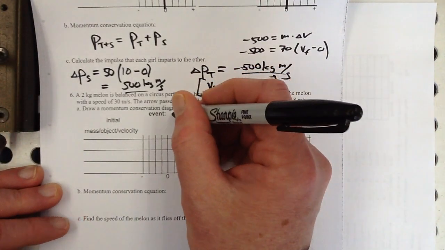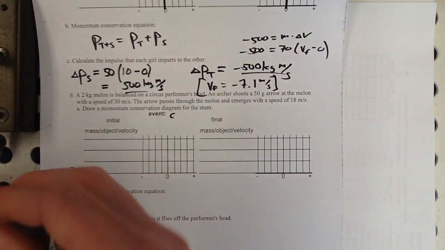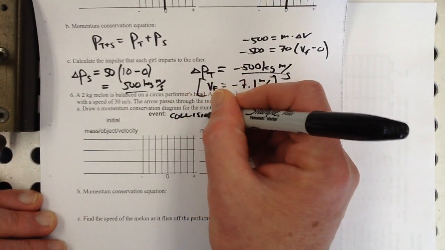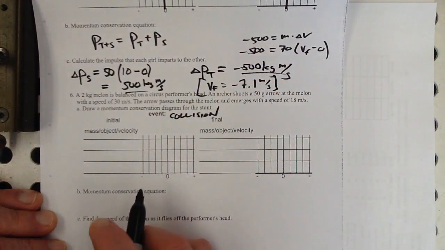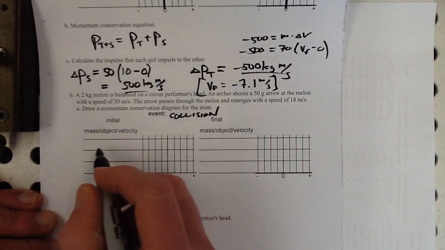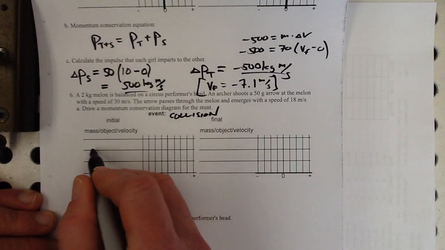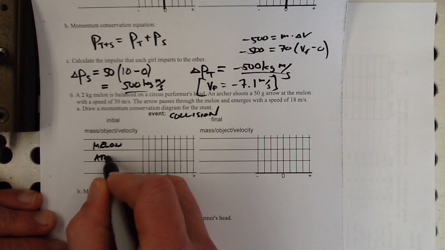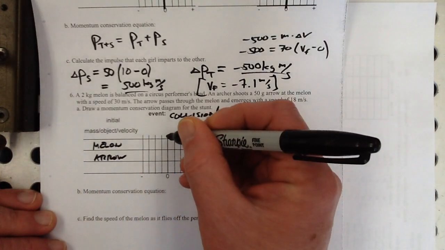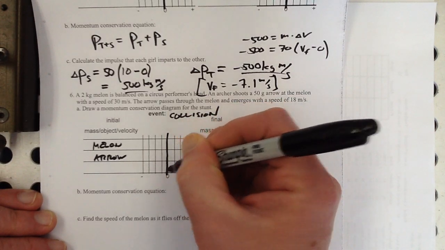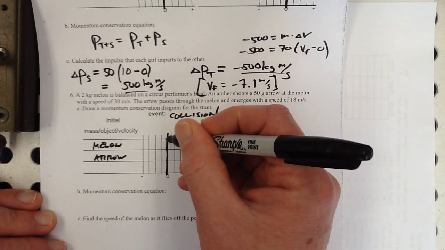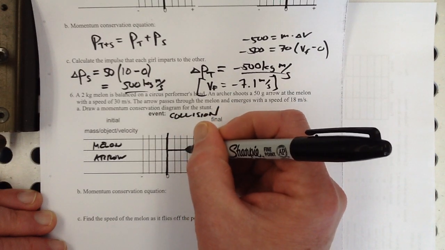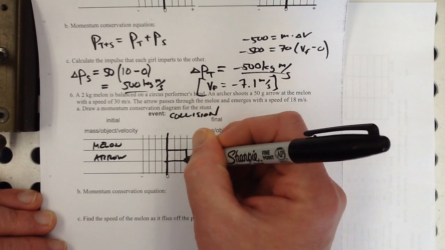This is a collision. The two objects are not starting together and then separating, so the objects are the melon and the arrow. To start with, the melon is just sitting there on the person's head. It has 0 momentum, and the arrow has all of the momentum.